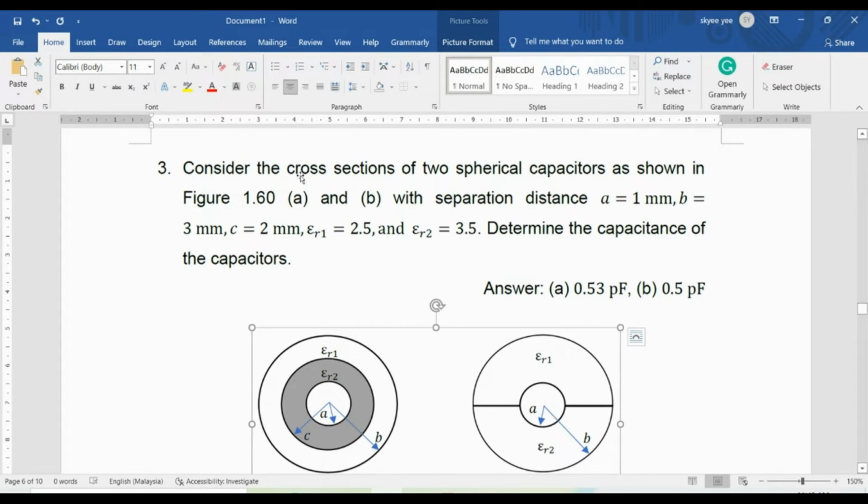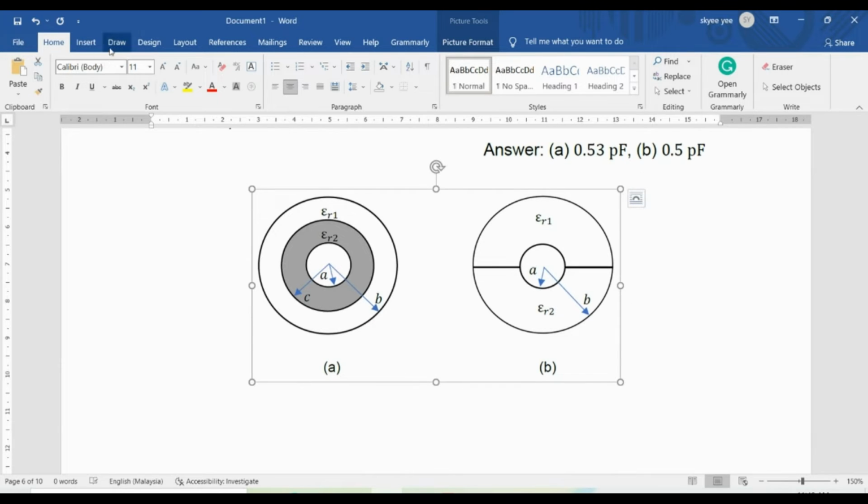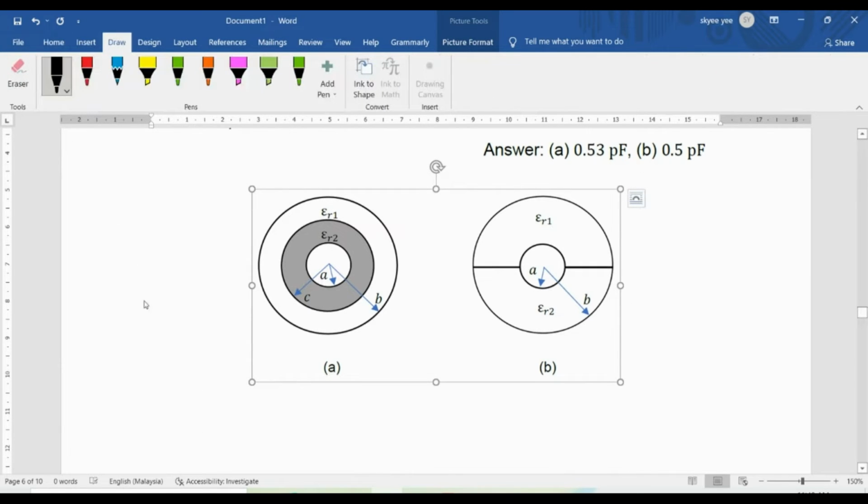You have cross sections of two spherical capacitors, cross sections of spheres. The separation distances A, B, and C have all been given, and the dielectric constants of material 1 and material 2 are also given. You have to find the capacitance of this capacitor. Clear? So we go to the first one, which is this one, A.